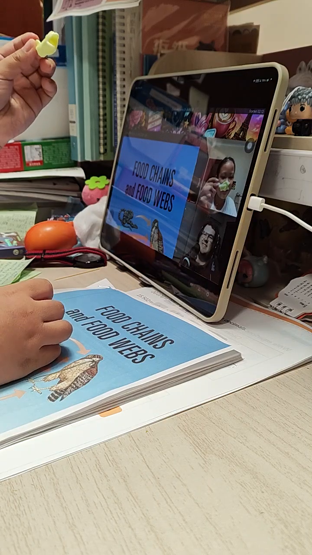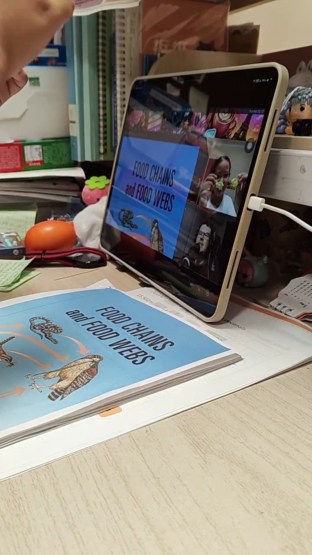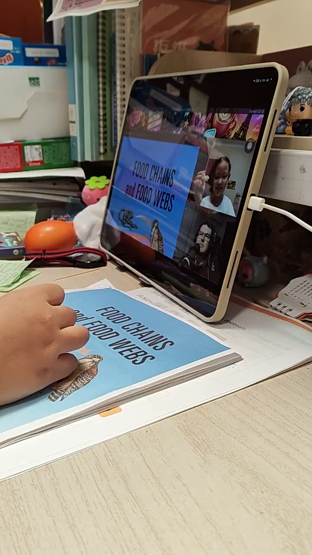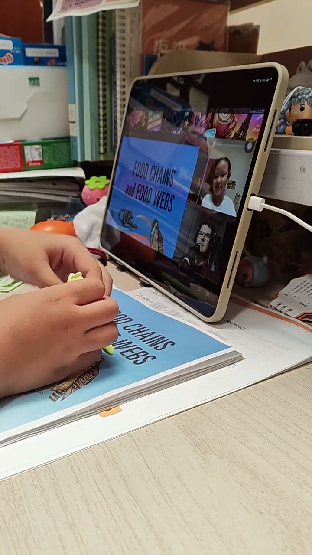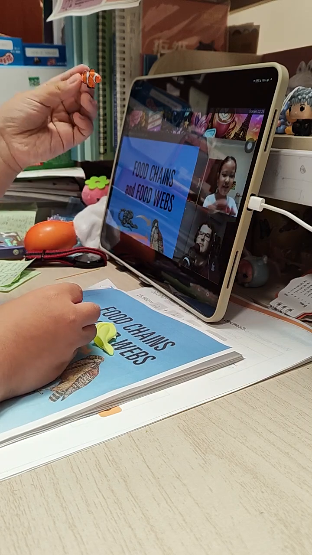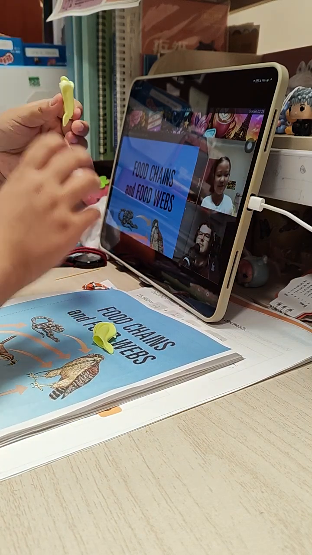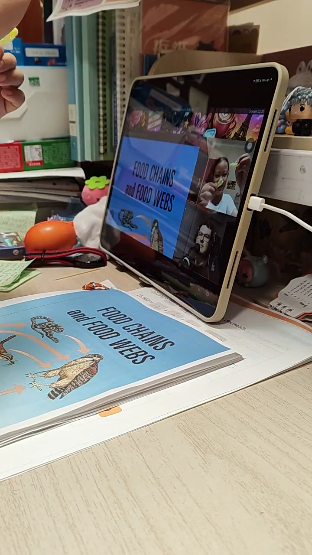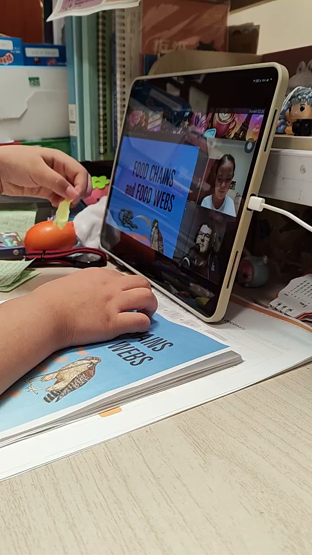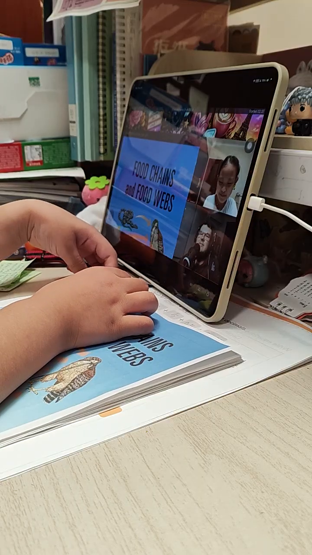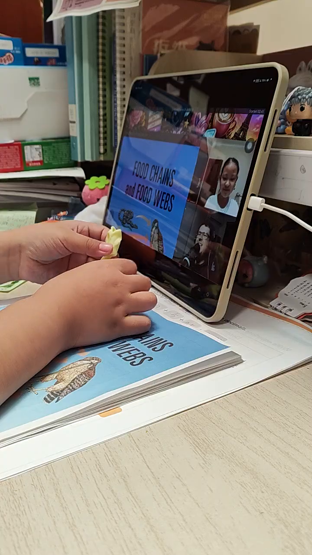So yeah, this is a type of fish, and then there's a bigger fish that eats this fish, and then there's an even bigger fish that eats that fish. And basically, it just goes on and on until a crocodile eats all of them. Okay, good. That's a good example.